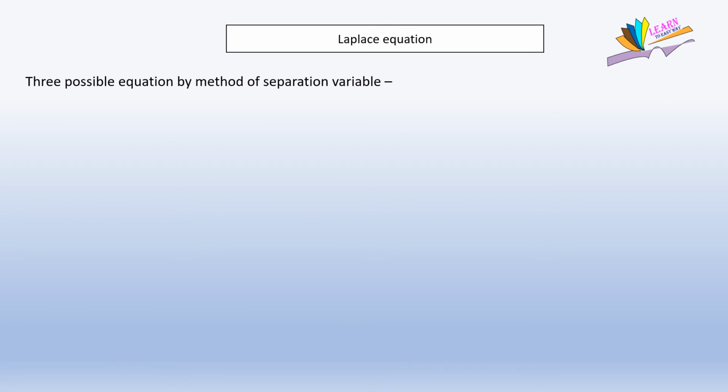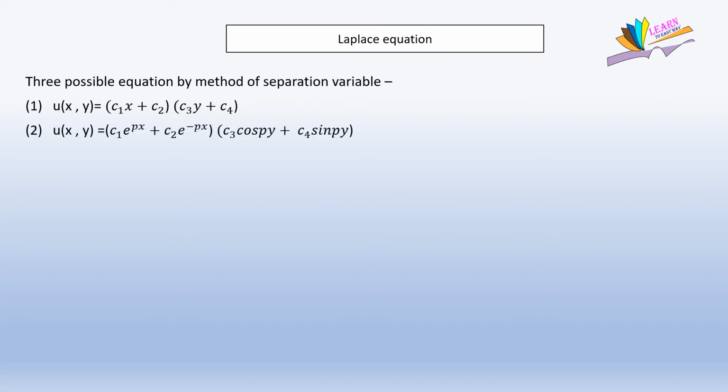Three possible solutions by the method of separation of variables: u of xy is equal to c1 x plus c2 into c3 y plus c4, and u of xy is equal to c1 e to the power px plus c2 e to the power minus px into c3 cos py plus c4 sin py, and u of xy is equal to c1 cos px plus c2 sin px into c3 e to the power py plus c4 e to the power minus py.